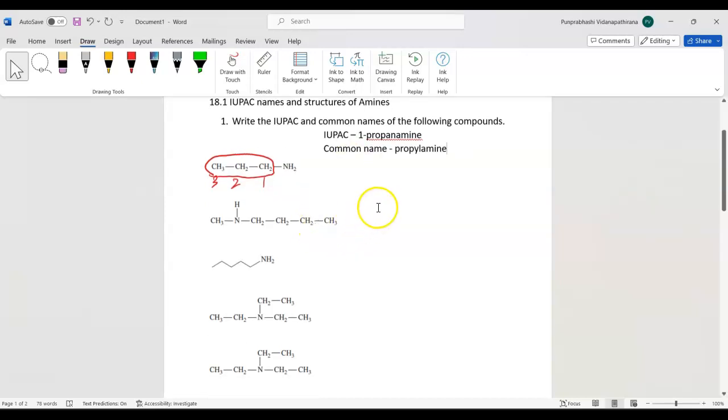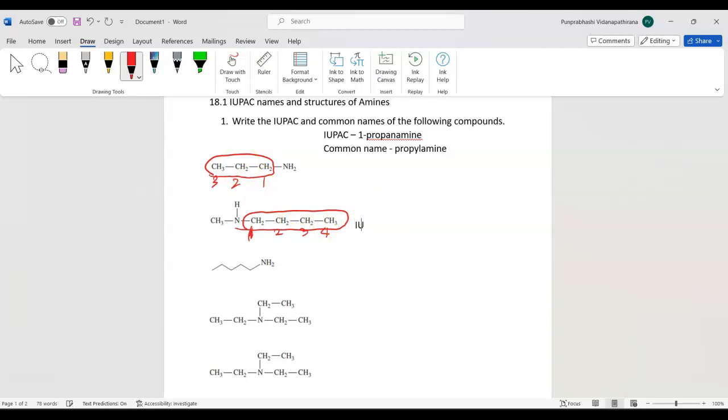Okay, the next one. In the next structure, the first part is to determine the alkyl chain. The longest alkyl chain is this one, and I will start numbering from the left side. Since this is a butyl group, I'm going to do the IUPAC name first.